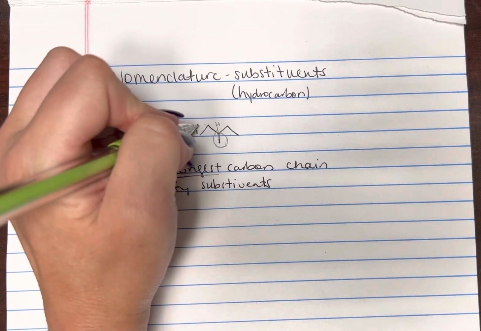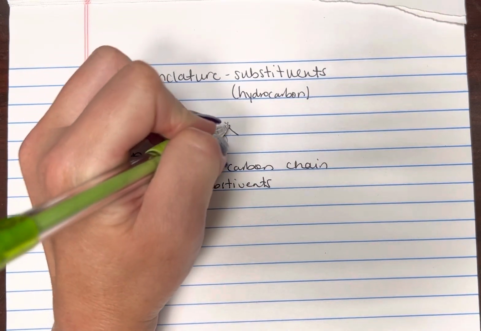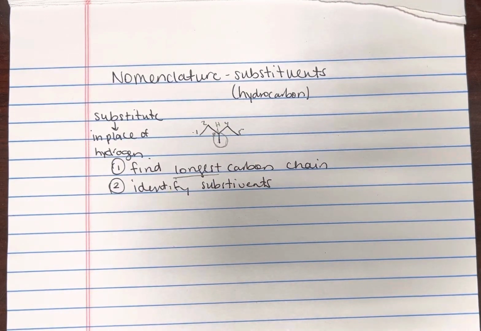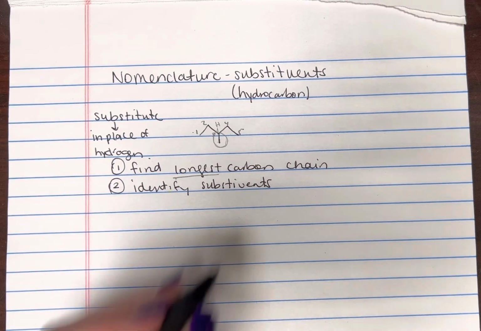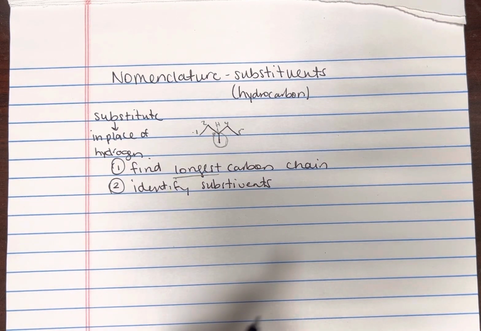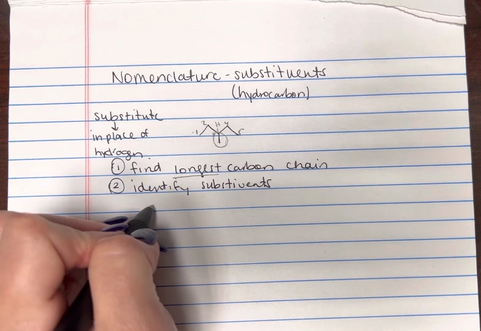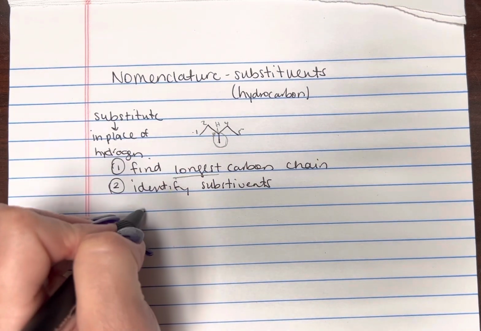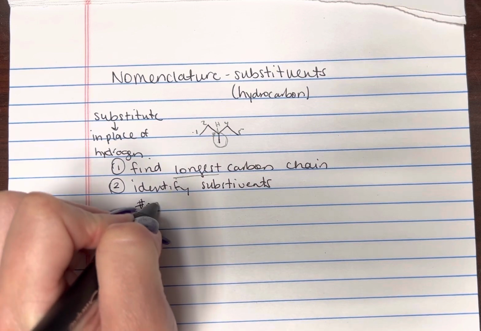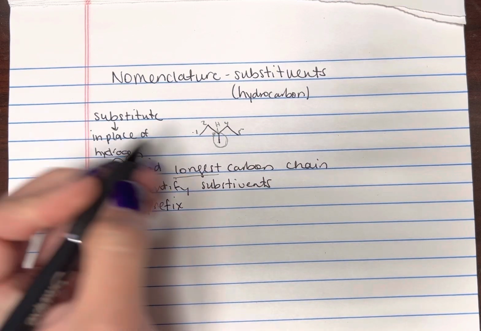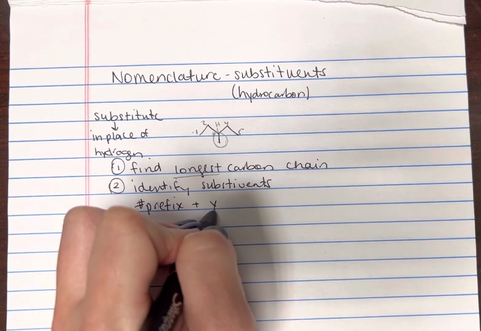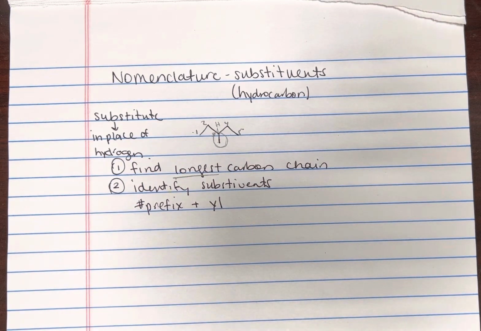Okay, so here I'm going to say 1, 2, 3, 4, 5 carbon chain. Now identify the substituents. Now these are all carbon right now, and so we're going to have a number prefix, which we used in the last video, plus the suffix YL.